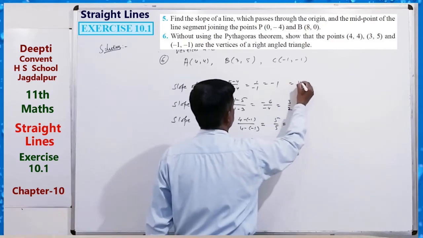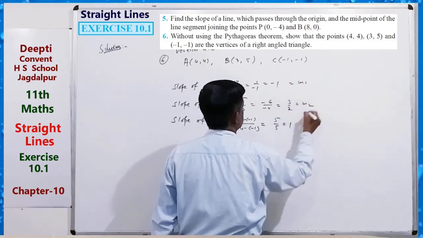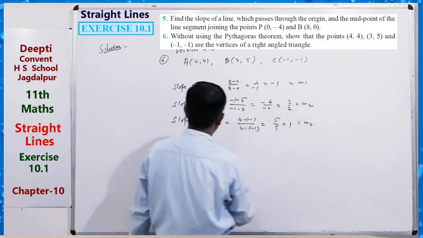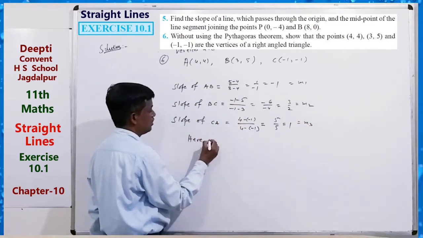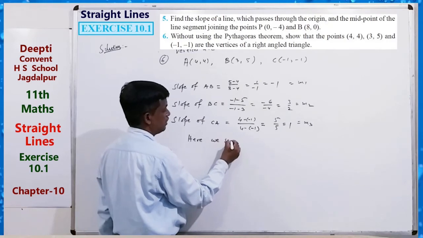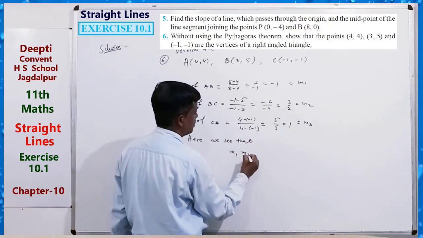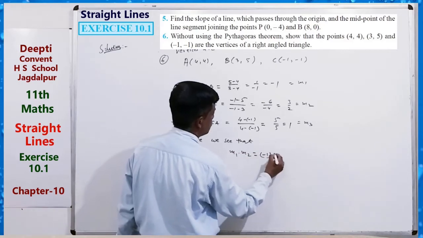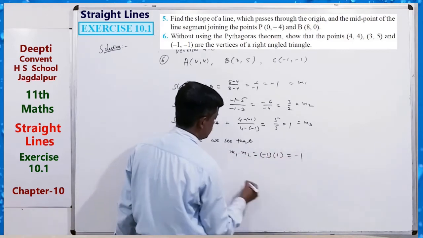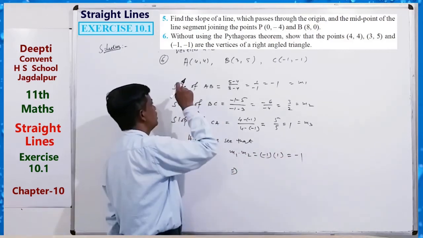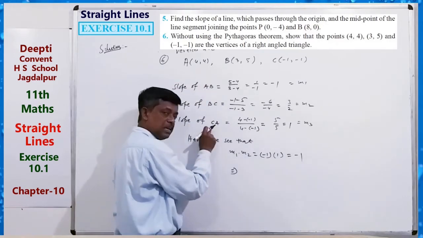So suppose this is M1, this is M2, this is M3. Here we see that M1 into M3 equals minus 1 into 1, equals minus 1. M1 means AB, M3 means CA.